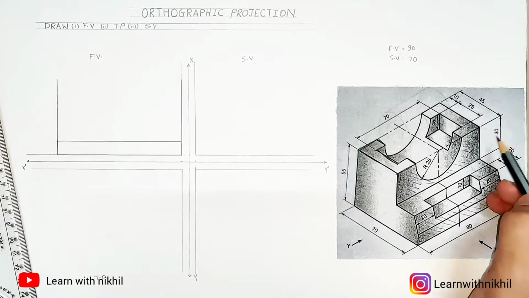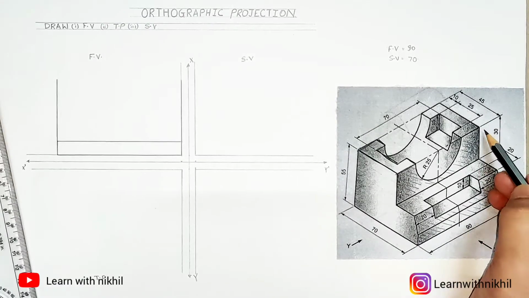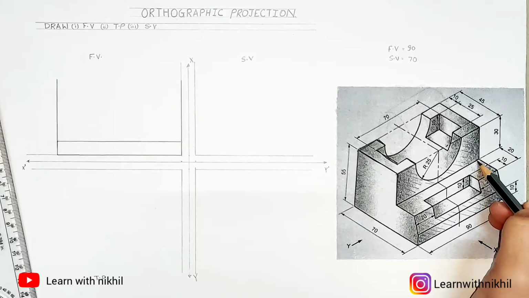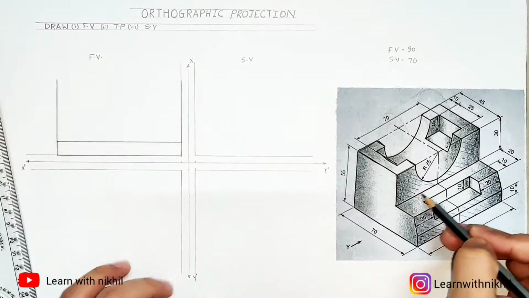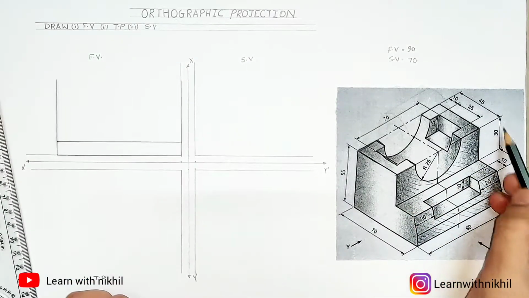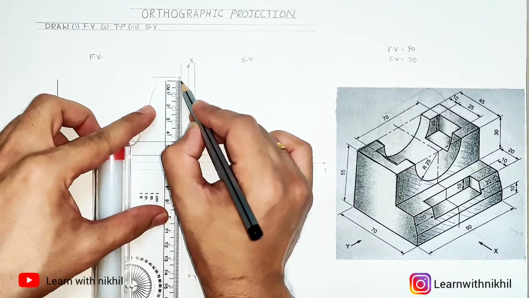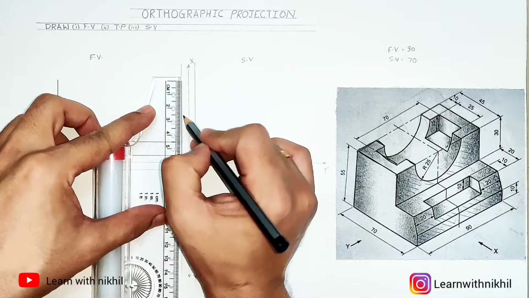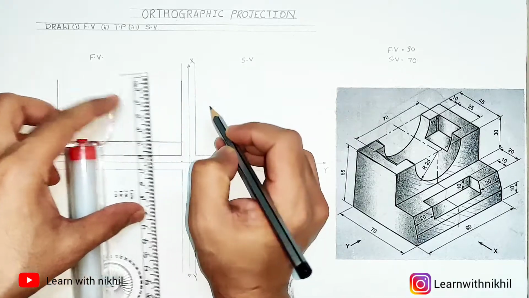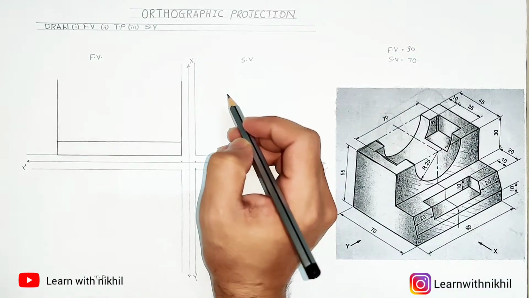From the top, this height given is 30 millimeter and it is a straight dark line. So from top we will mark point 30 millimeter below from both the sides, and then we'll draw a straight line.